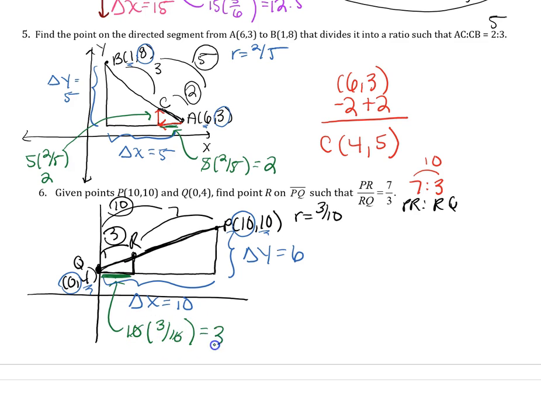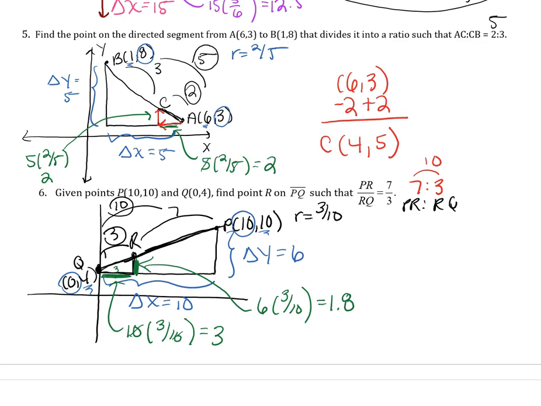So that would just give me 3. Okay, so this is 3. This vertical portion is going to be the pre-image, so the 6 dilated by 3/10 as well. So 6 times 3/10 is 1.8.